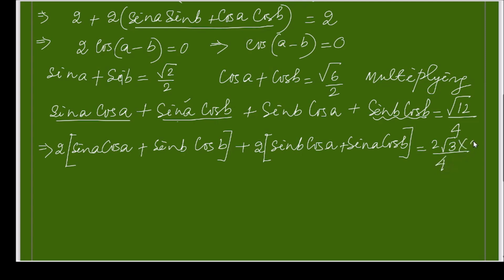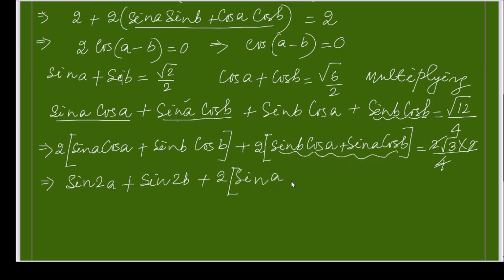Again, I'm multiplying throughout by 2. So all will be cancelled, I'll get square root 3. So this will be sine twice a plus sine twice b plus 2 times sine a cos b plus cos a sin b. This is nothing but your sine a plus b. So sine of a plus b is equal to square root 3.